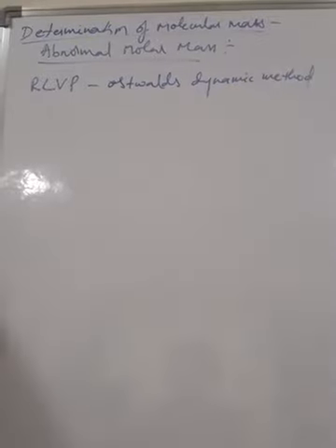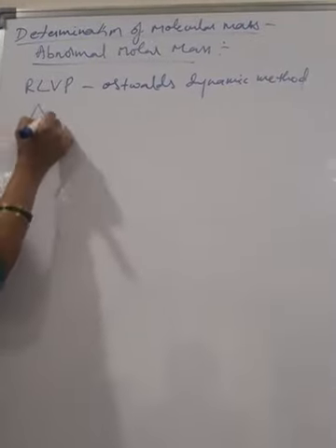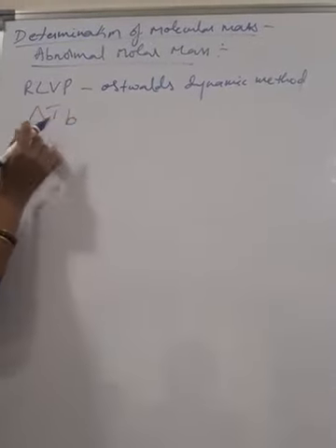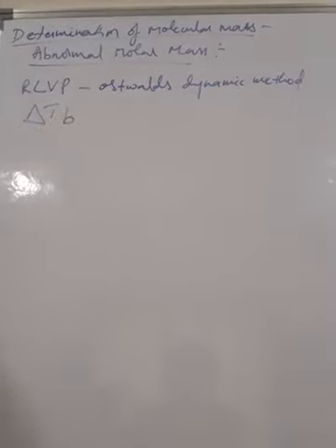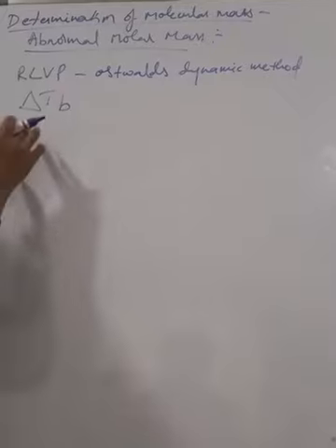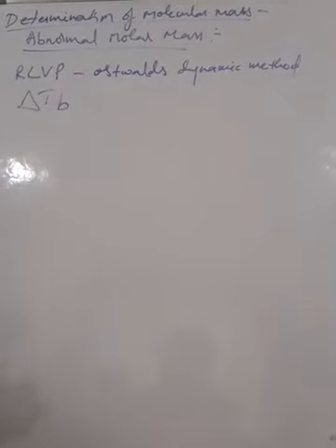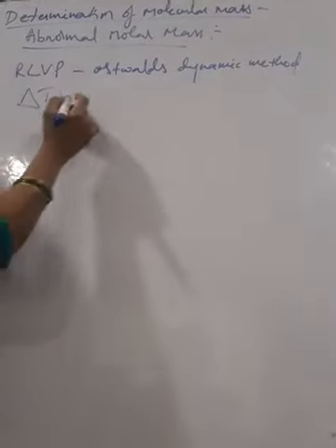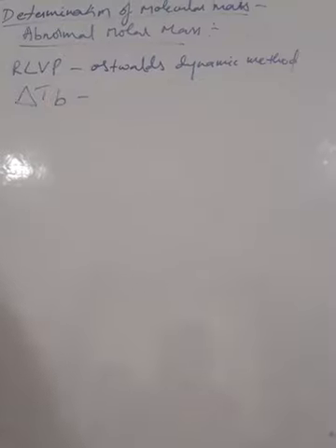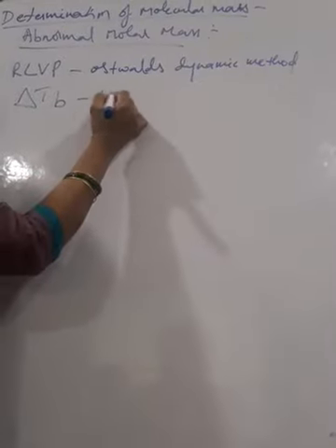Coming to elevation in boiling point, which is indicated with delta TB, we use Cottrell's method.